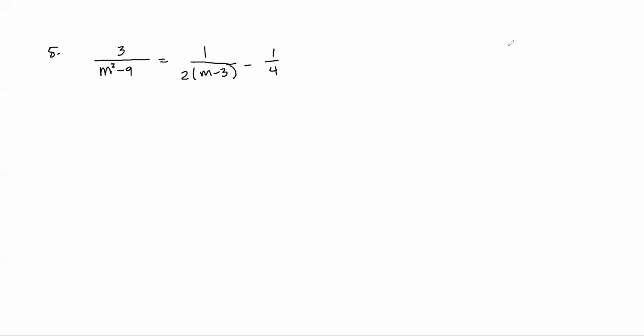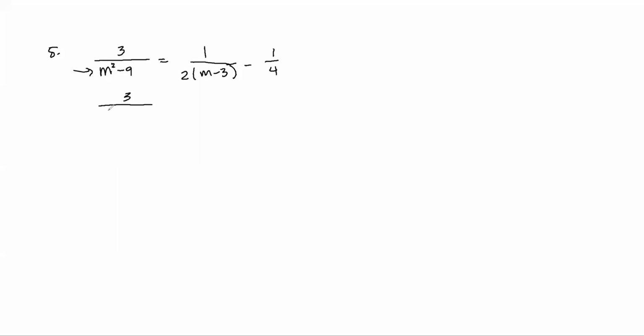Okay, so first things first, let's go ahead and see if everything is factored. It is not because we have this guy right here. So let's go ahead and rewrite this. So we're going to have 3 over m squared minus 9 is the difference of perfect squares. We're getting a lot of practice with these today. You could also have trinomials here where you have to use the big X. We haven't seen any of those, but it's definitely possible that you could get those. You would just have to factor like normal.